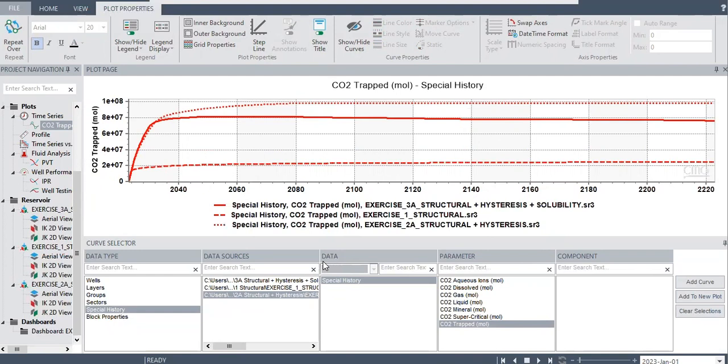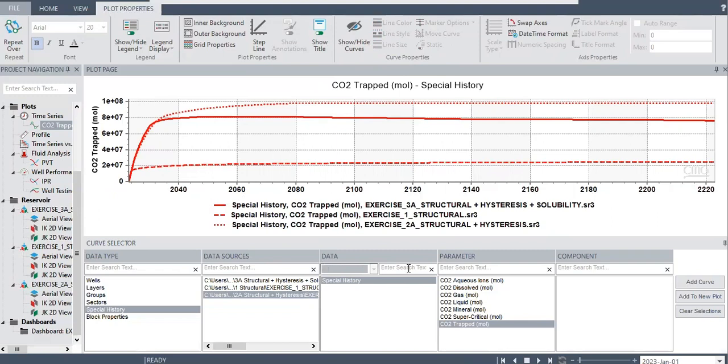CO2 trap, actually CO2 trap because of hysteresis trapping, right? CO2 trap as residual CO2 being trapped in the pores by the hysteresis effect, by the critical gas saturation effect.